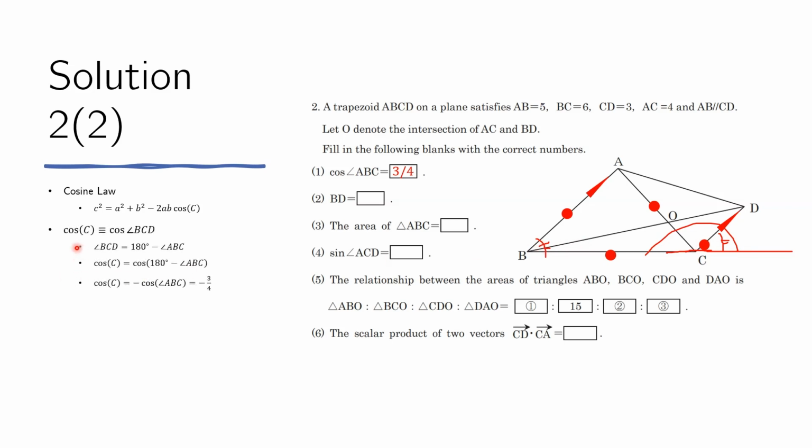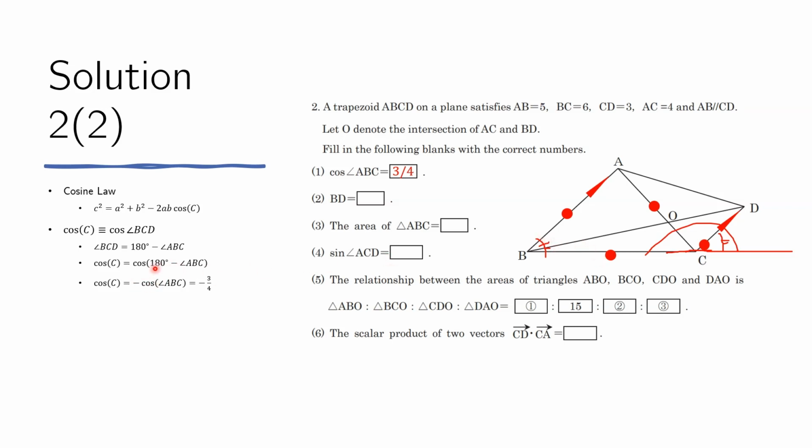So if we define this to be angle C here, then because C is 180 minus this angle, we get the cosine of C to be cosine of 180 minus this angle.